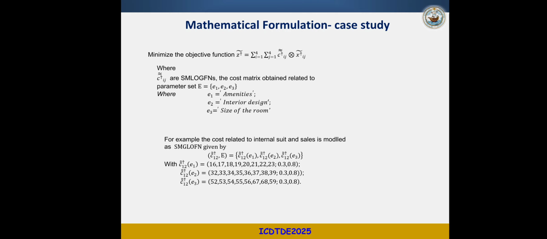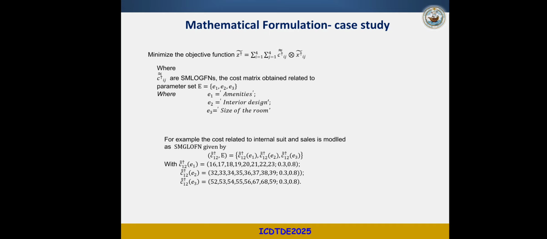We have taken these as the parameters, and the impreciseness that could arise is associated with these parameters using the SMGLOFN, one such SMGLOFN is shown here. Likewise, for each room corresponding to each department, your 4x4 matrix will involve soft MGLOFN numbers.